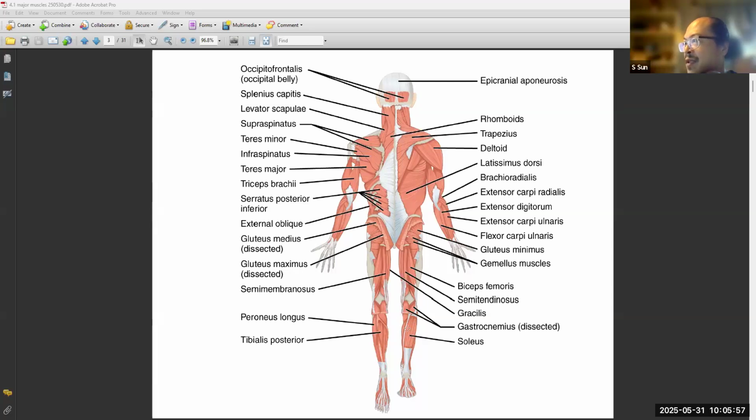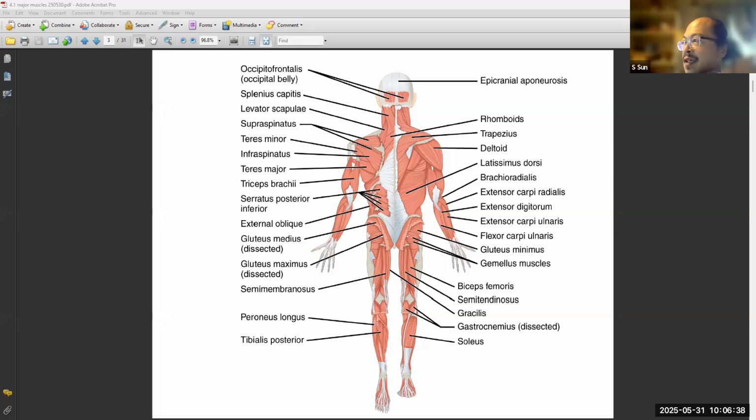You have two big muscle heads covering the most posterior portion of your lower leg. Behind it is the soleus, and behind the soleus is the tibialis posterior. So that's three layers of your calf, the lower leg, in the posterior view: the gastrocnemius, soleus, and the tibialis posterior. So that's that.